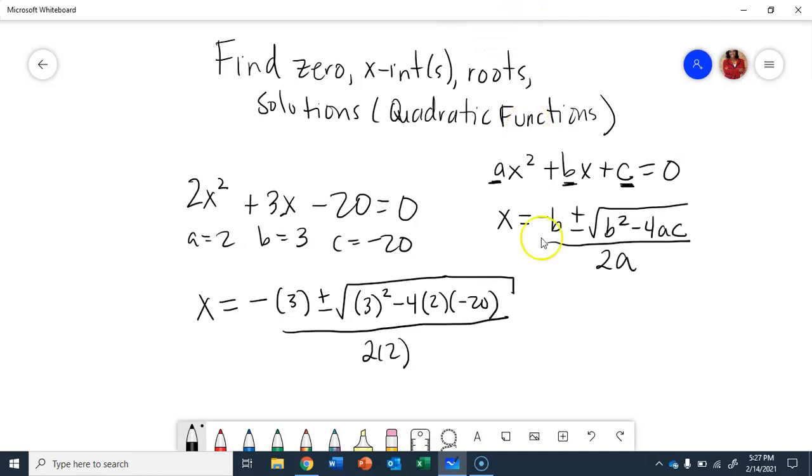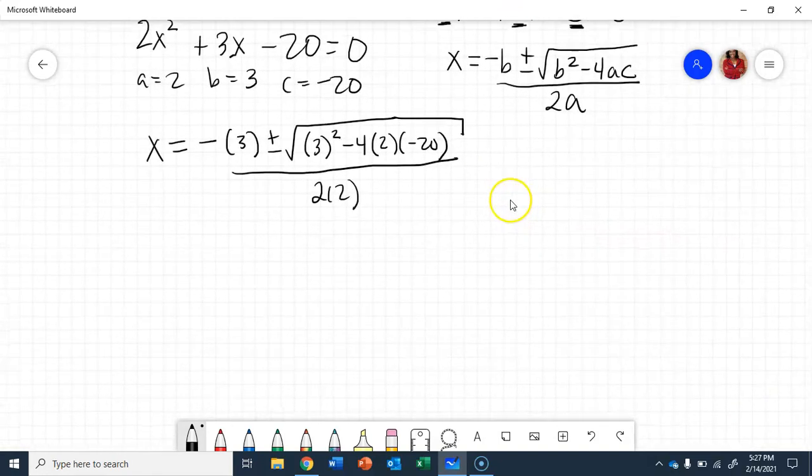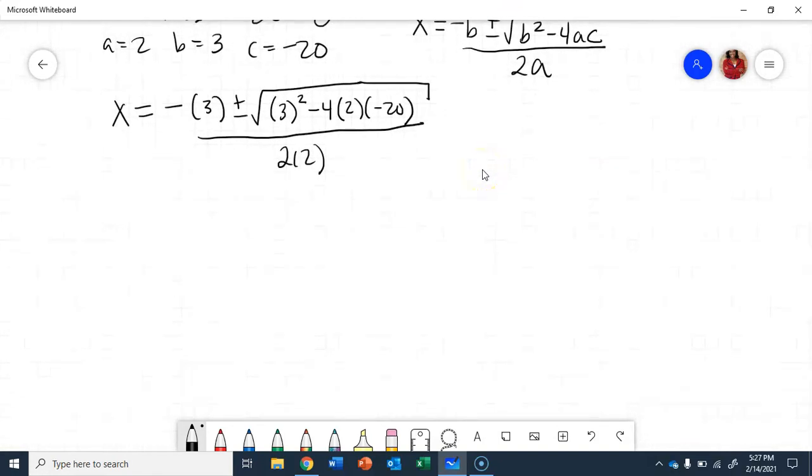All right, in the next step, in the other problems, I'm not going to do the parentheses. So x is equal to negative 3, because a negative 1 times 3 is negative 3, plus minus, I know 3 squared is 9, and again, I can't stress enough, keep that subtraction symbol in the formula right after you square your b term.